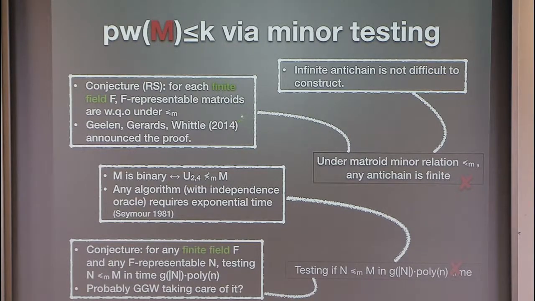But the good part is that if the matroid is representable over a finite field F, then we have this well quasi-order theory, like the Robertson-Seymour theory. So if a matroid is F-representable over a finite field F, then things are a bit different.